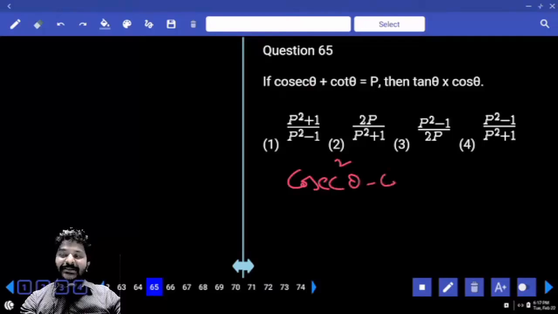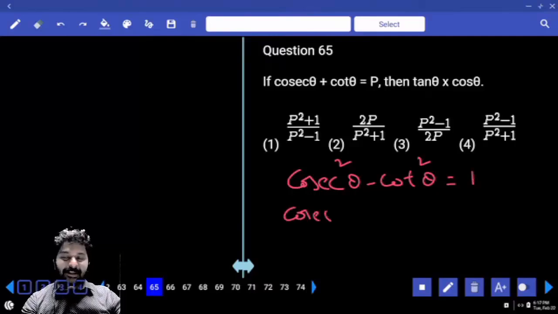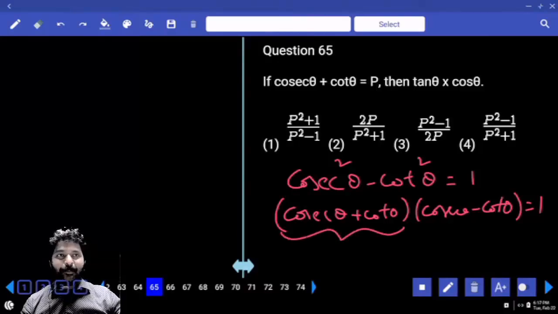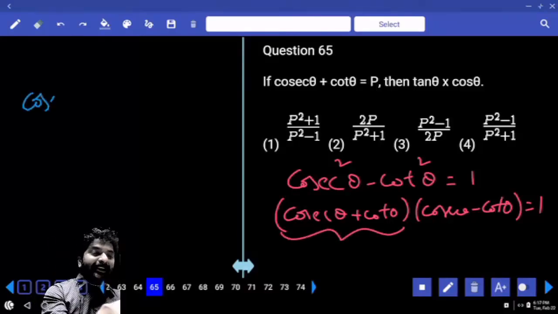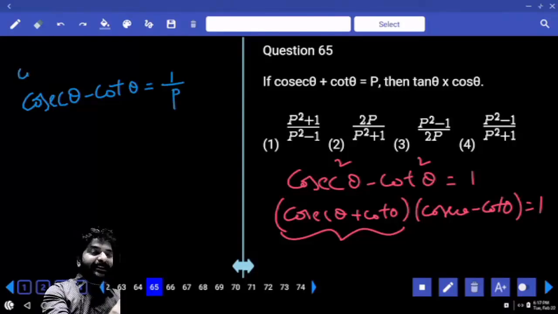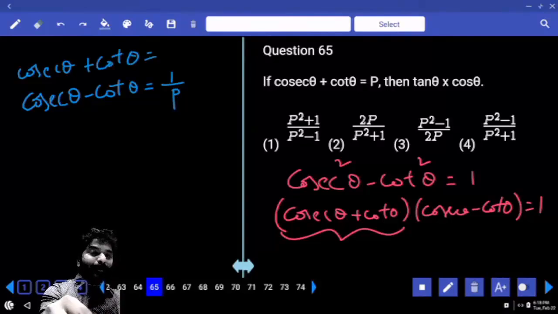Now, cosecant square theta minus cot square theta. How much is this? Can we also write it as a square minus b square as a plus b into a minus b? Cosecant theta plus cot theta into cosecant theta minus cot theta, that is equal to 1, and you know that this value is equal to p. From that I will consider cosecant theta minus cot theta is equal to 1 by p, and it is given that cosecant theta plus cot theta is equal to p.